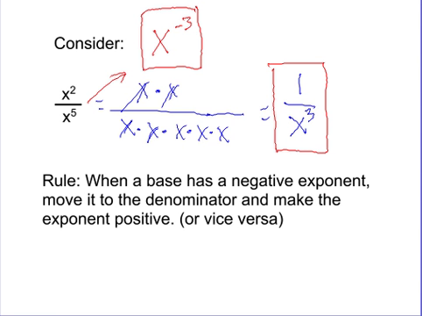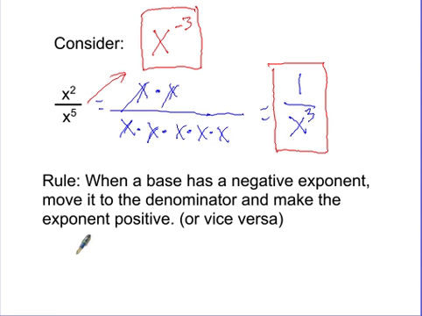I didn't give you a lot of the mathy definitions, the way they word it, but here's the rule. When a base has a negative exponent, so our base here, x, has a negative exponent, move it to the denominator and make the exponent positive. Or vice versa.